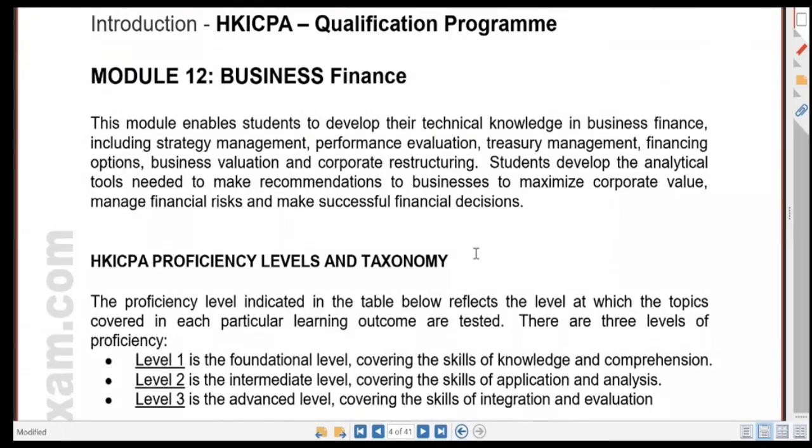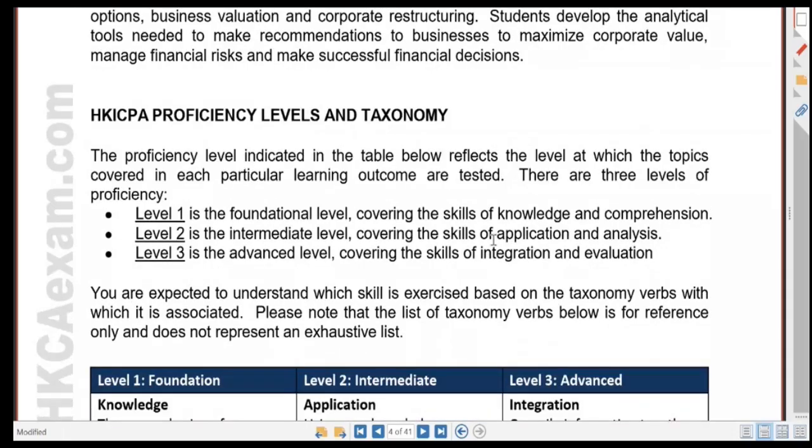Module 12 Business Finance, just like the other modules 11, 12, 13, 14, of course except for the capstone after this. HKSBA divides proficiency into 3 levels. Level 1 is foundation, 2 and 3 are intermediate and advanced.